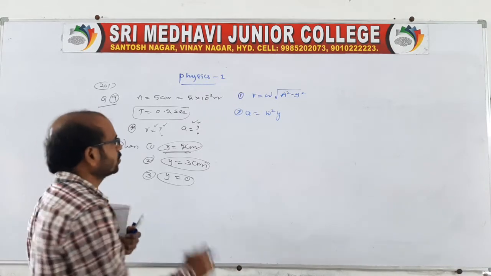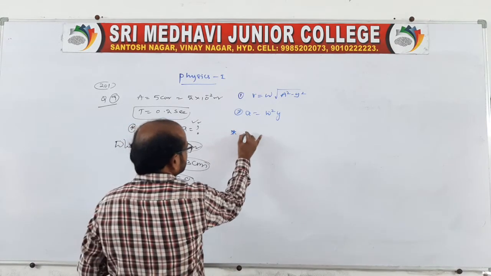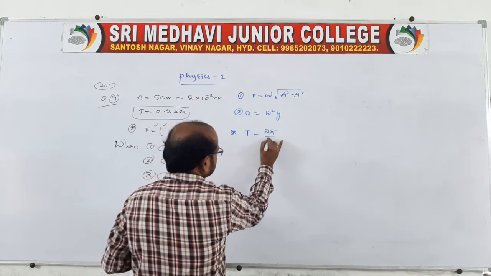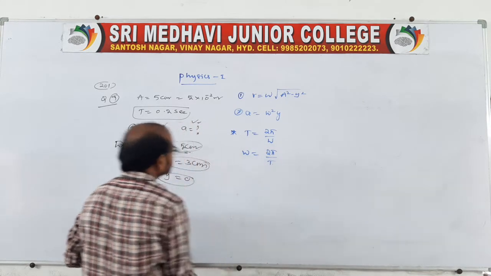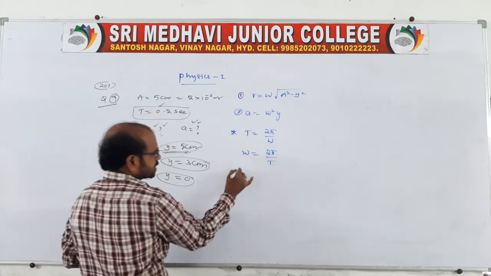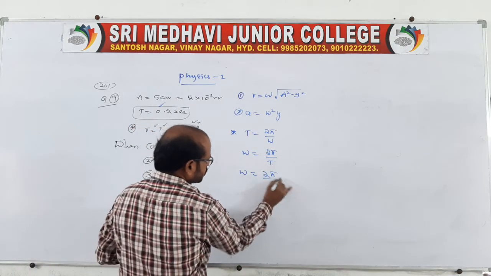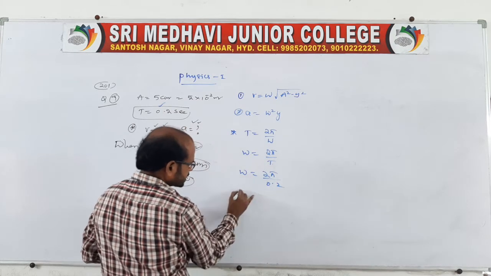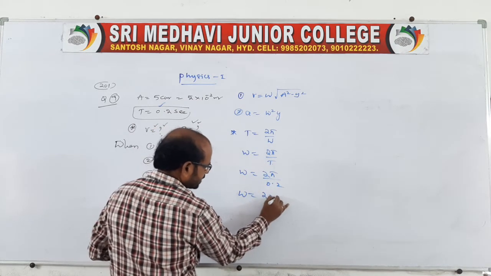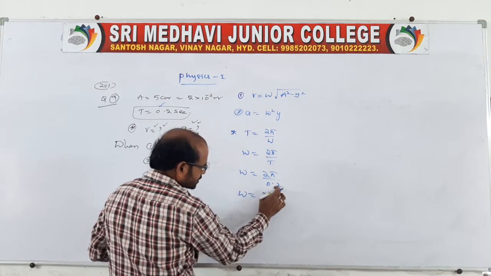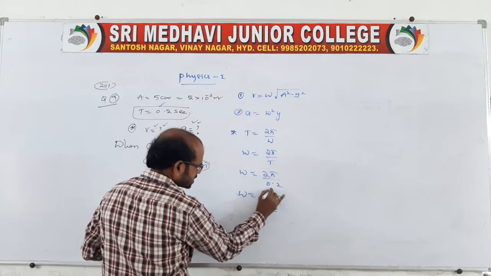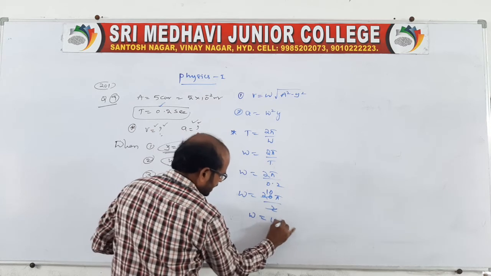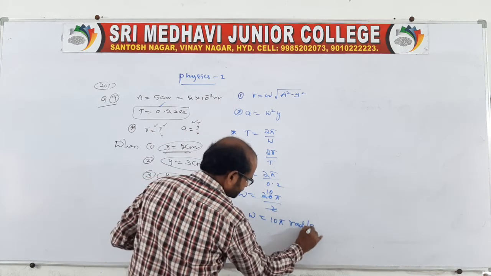Using the time period, T is equal to 2 pi by omega, so omega is equal to 2 pi by T. Here T is 0.2, so omega is 2 pi by 0.2. Since 0.2 is nothing but 2 by 10, the 10 comes up, then 20 pi by 2 cancels, and omega is equal to 10 pi radians per second.